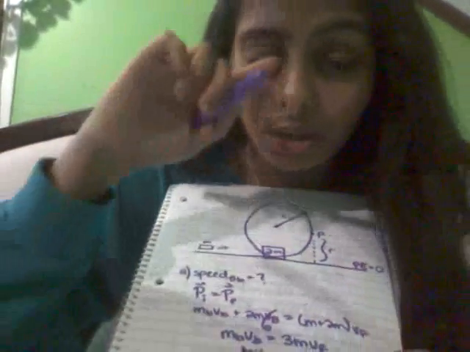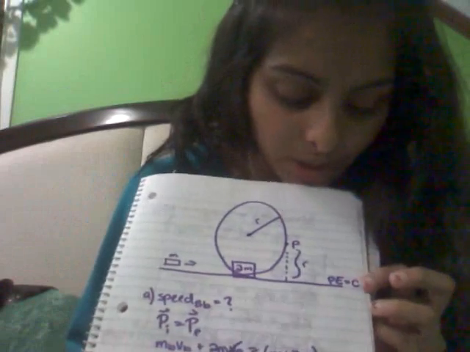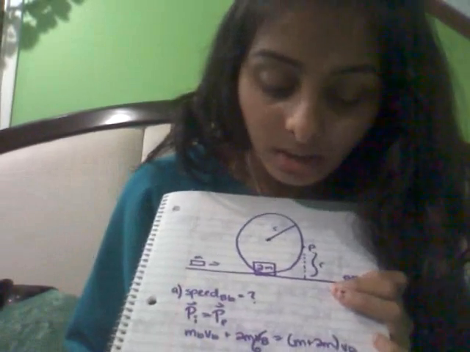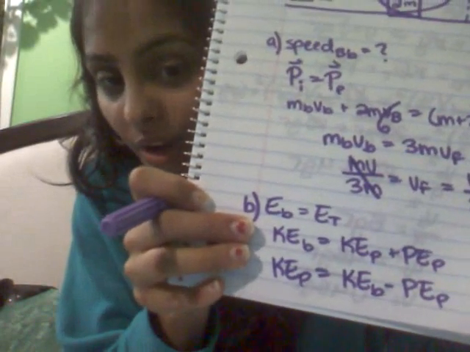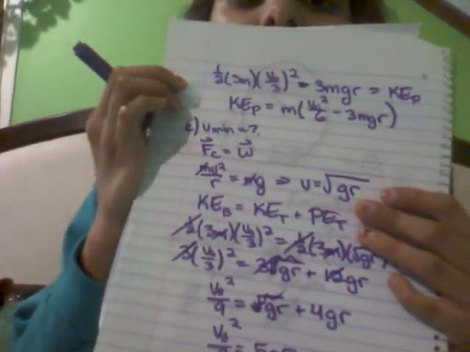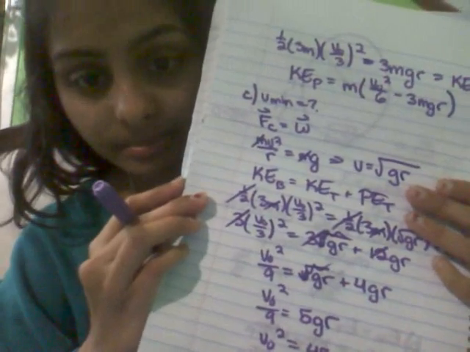Then for B, we're just going to use energy conservation, and as long as we remember to zero out potential energy at the bottom, it makes life a lot easier for us. And then the same thing is done for C, as long as we remember that the centripetal force at the top is going to be equal to just the weight.